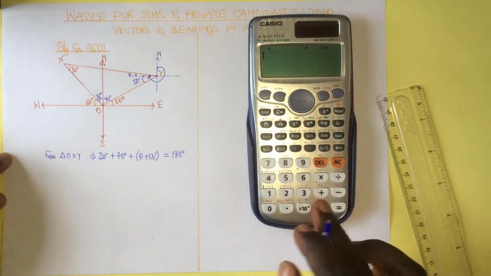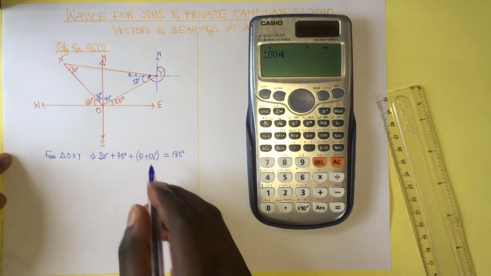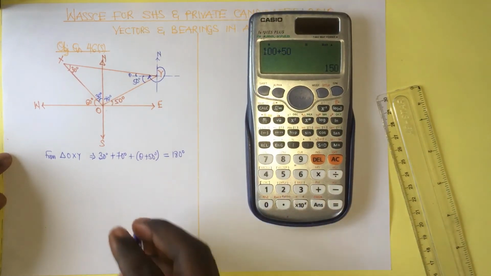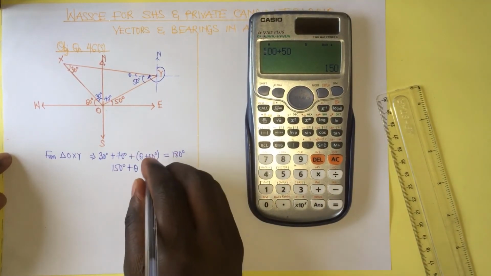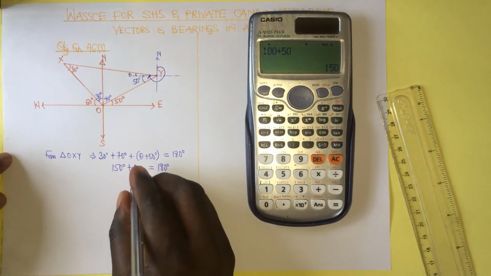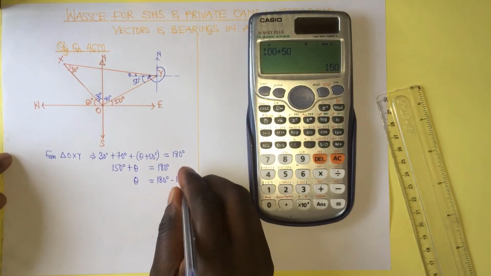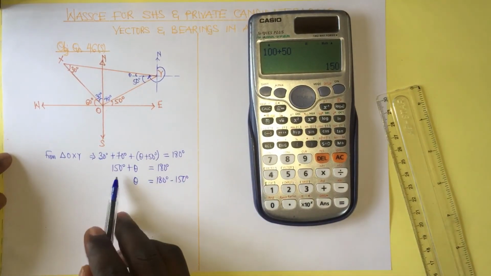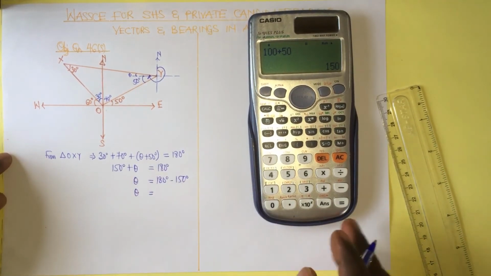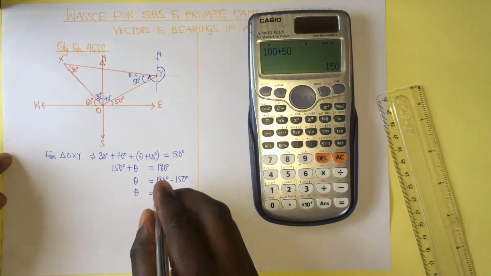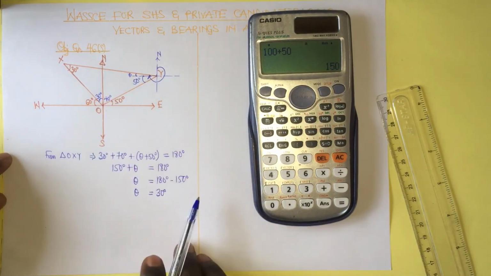So we find the sum: 30 plus 70 is 100, then plus 50, which will give us 150. So 150 degrees plus theta is equal to 180 degrees. Then our theta is equal to 180 degrees minus 150 degrees. We transposed the 150 to the right hand side. Therefore, our theta is equal to 180 minus 150 is 30 degrees. So the angle theta here is 30 degrees.